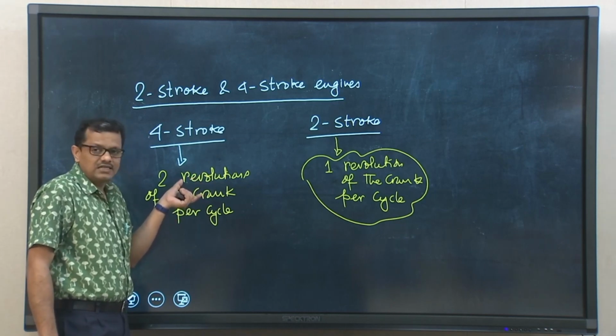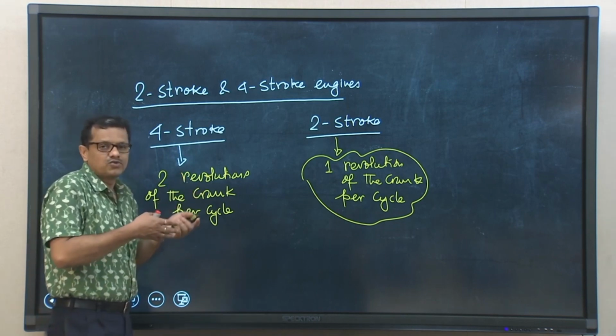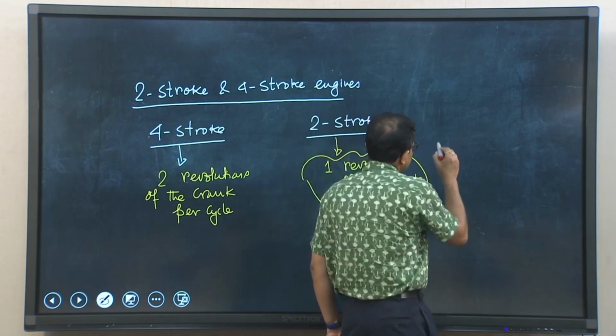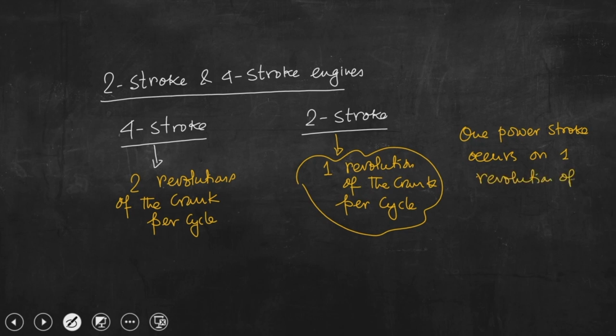So, engine is getting enough time to cool down, but for the 2-stroke cycle engine 1 power stroke occurs on 1 revolution of the crank.